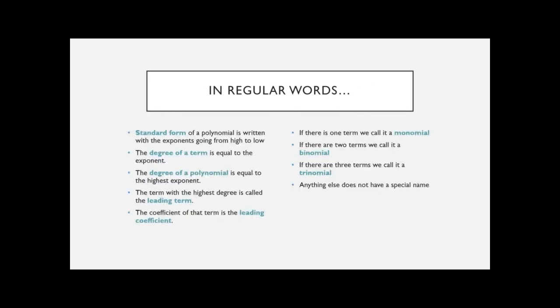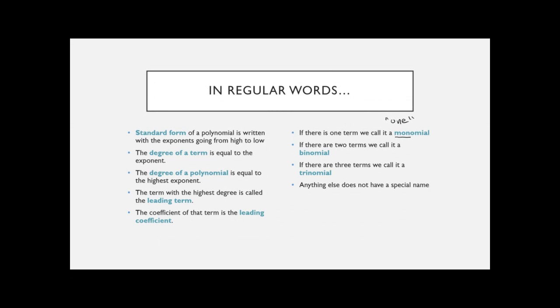And then on the right here, if you have a polynomial of one term, it's called a monomial, because the word mono usually means one. So like a monocle has one eyeglass.